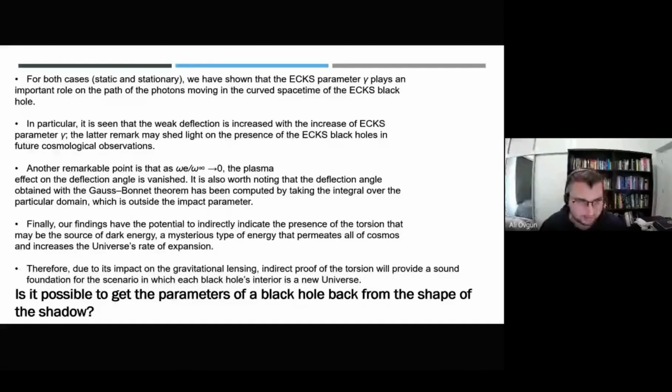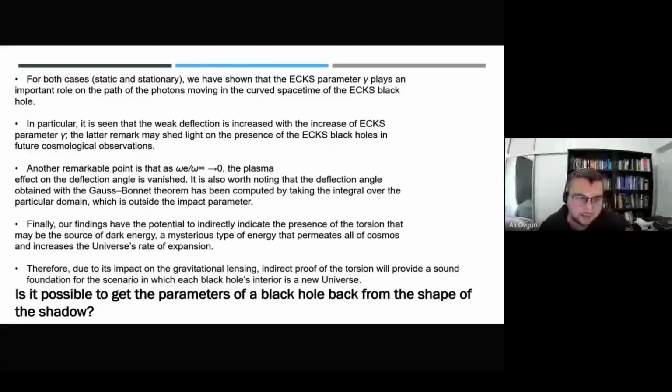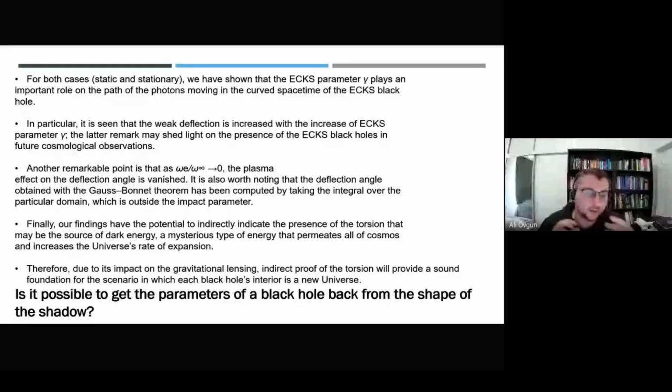Another remarkable point is that when the plasma parameter goes to zero, the plasma effect on the deflection angle vanishes. Finally, our findings have the potential to indirectly indicate the presence of torsion that may be a source of dark energy, a mysterious type of energy that permeates all of the cosmos and increases the universe's rate of expansion.